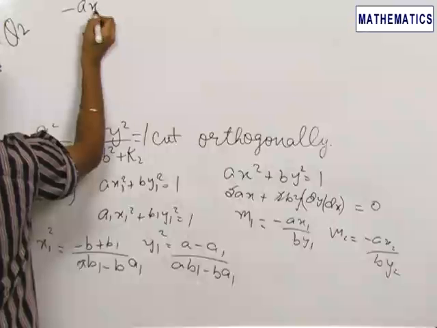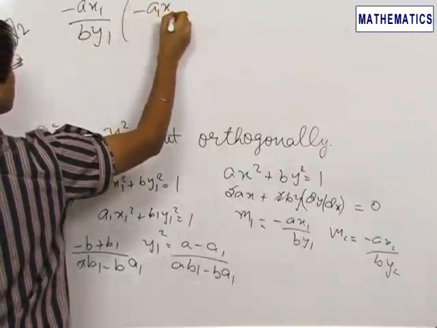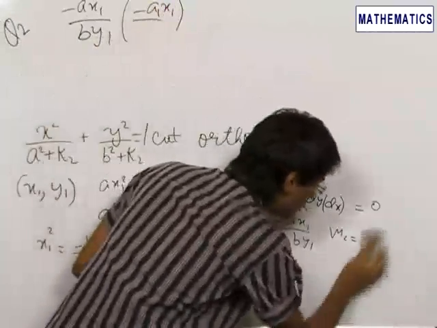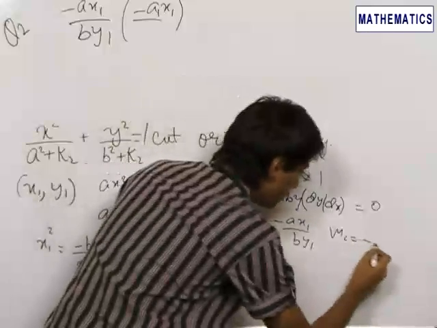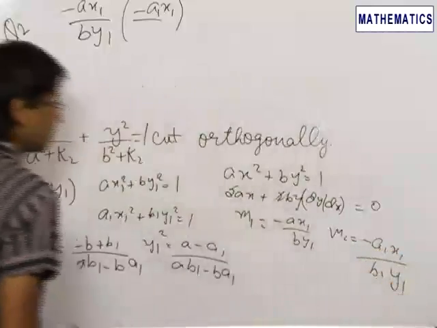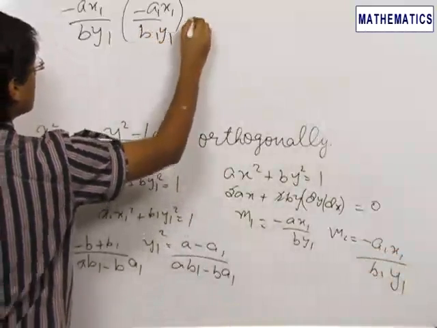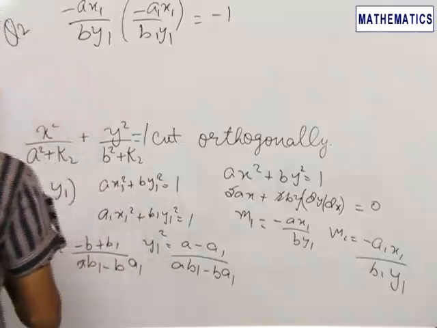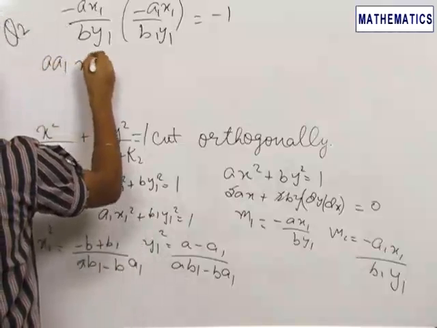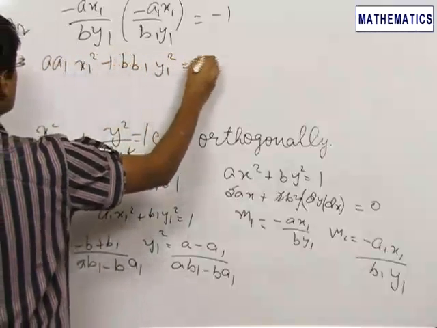So minus ax1 upon by1 into minus a1x1 upon b1y1 equals minus 1. This gives us a1 x1 square plus b1 y1 square is equal to 0.